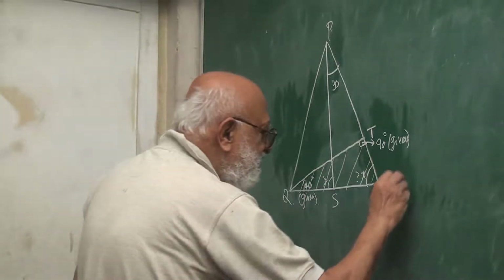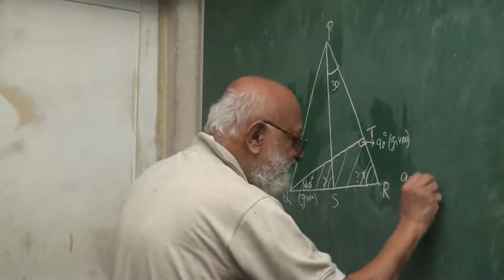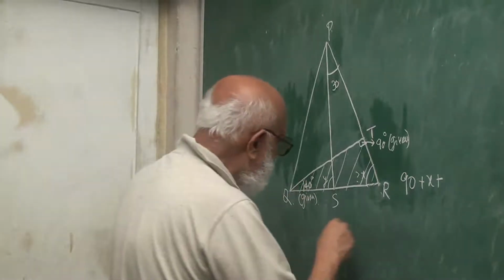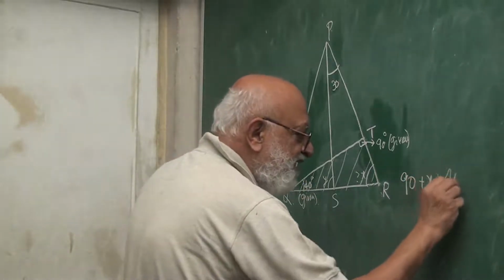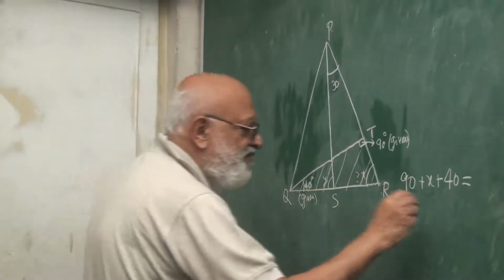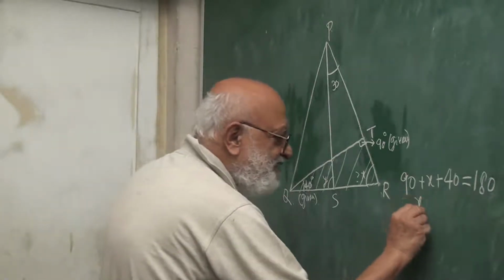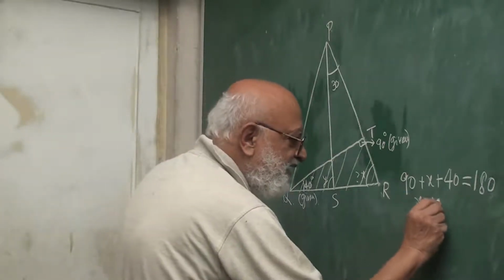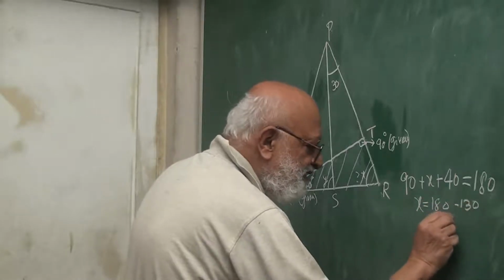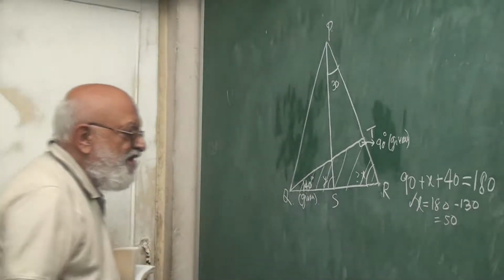Because 90 degrees, this angle plus X plus Y, that is also given, plus Y, that is 40. That is the sum of interior angles of a triangle, so that is 180. Therefore, X equals 180 minus 130, that is equal to 50 degrees. So one thing done, we have been able to find X.